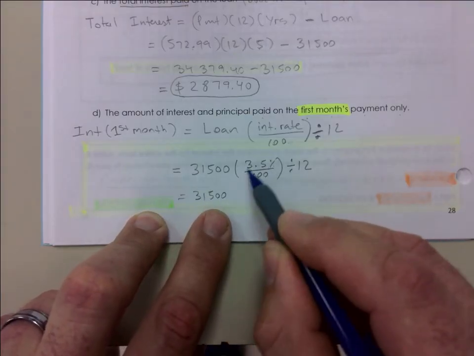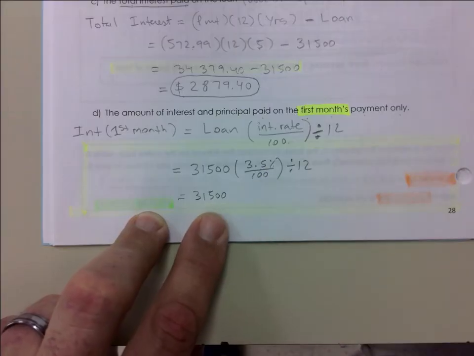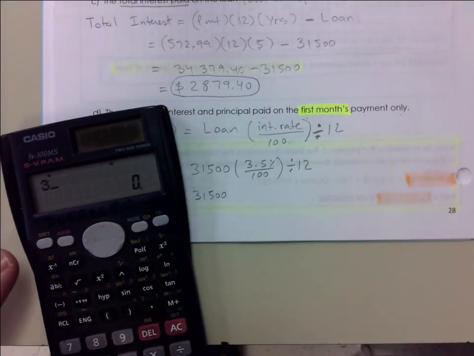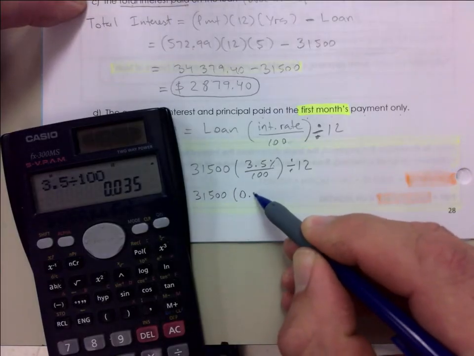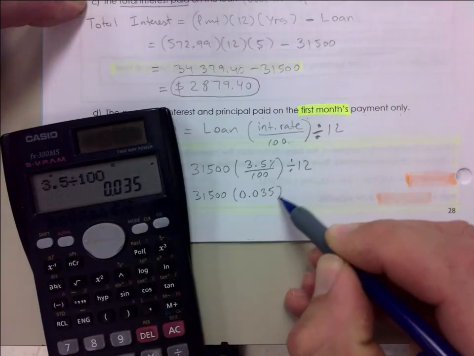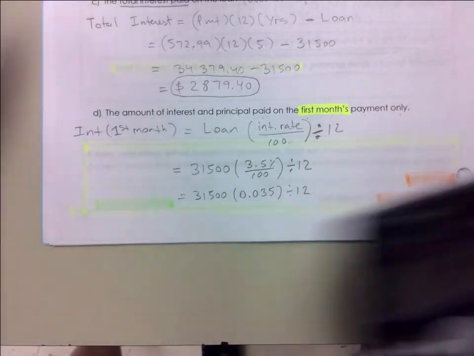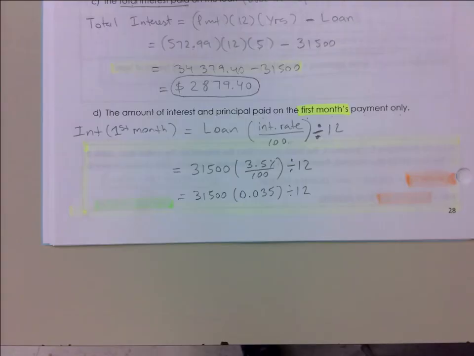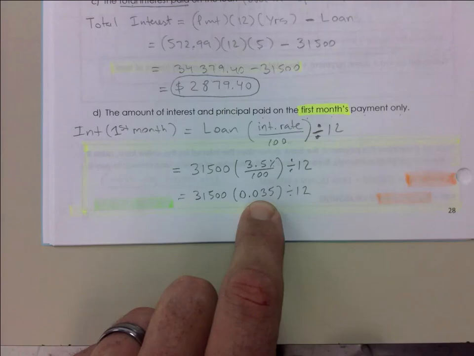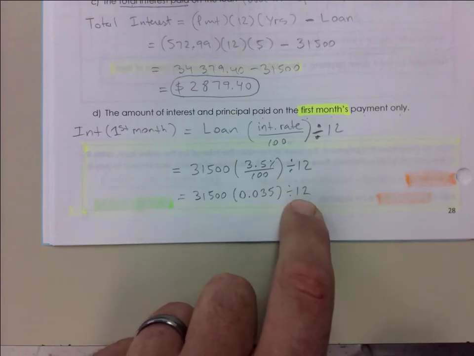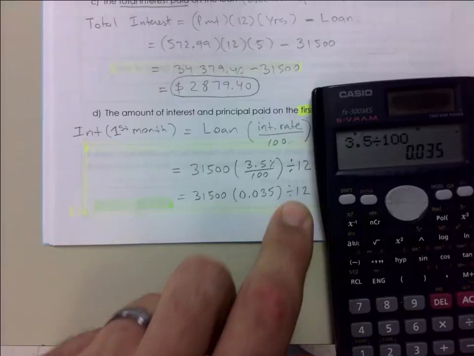After a while, you might not even bother doing this. You're just going to be like, okay, 3.5 divided by 100, and you're just going to write in the thing already divided. That's ultimately what I would like you to do. Take the loan times the interest rate as a decimal and divide that by 12 months.